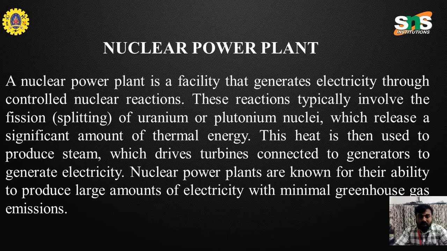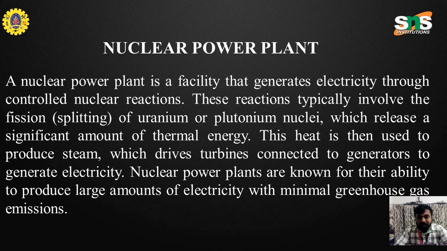A nuclear fission reaction is where fissionable materials, for example uranium, split into two or more fragments and release a high amount of energy. In this nuclear power plant, uranium-235 is bombarded with one neutron.